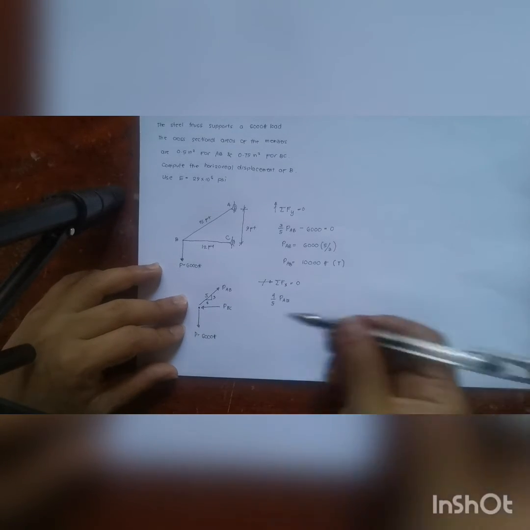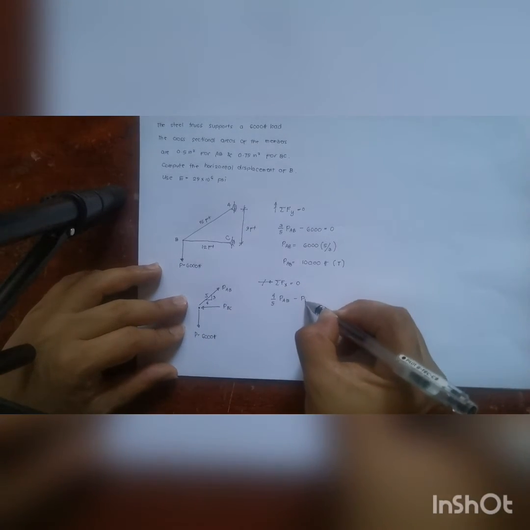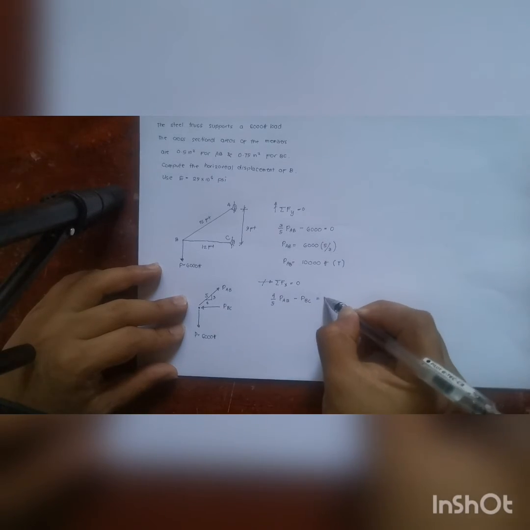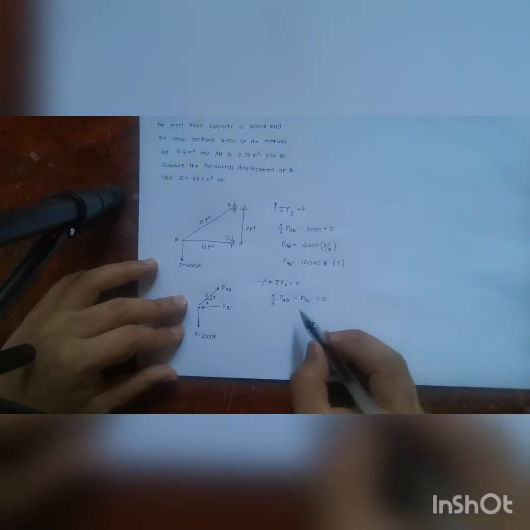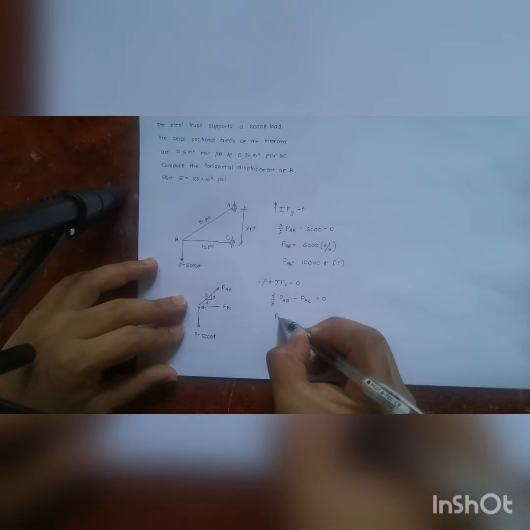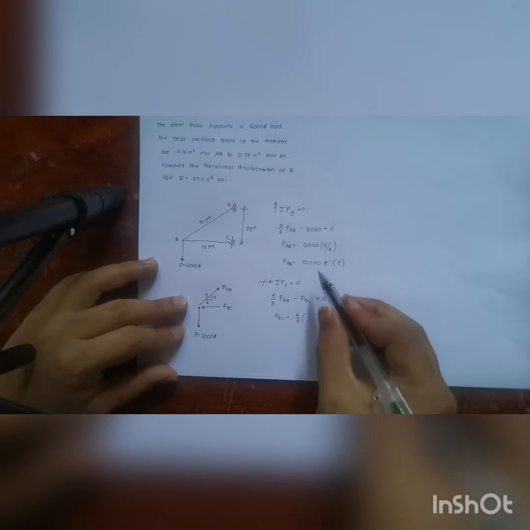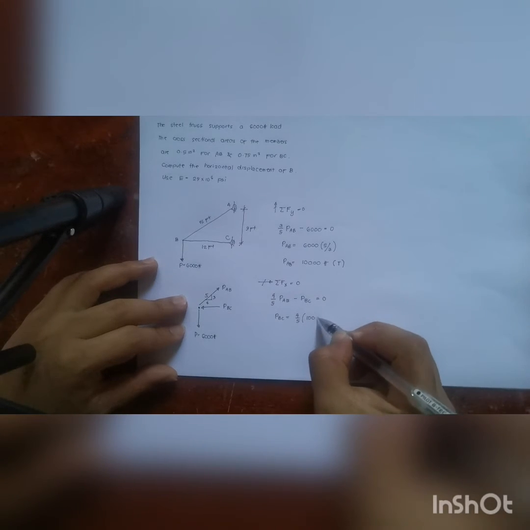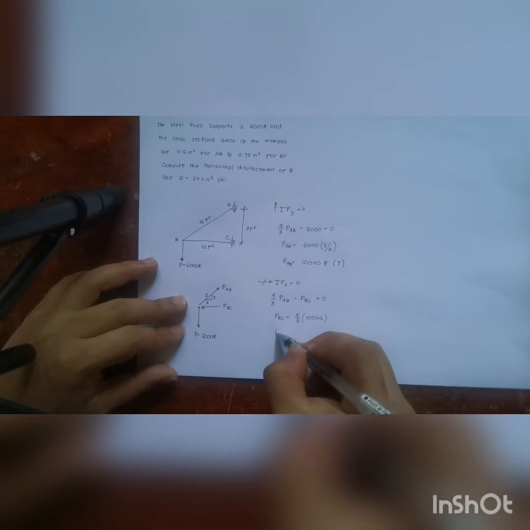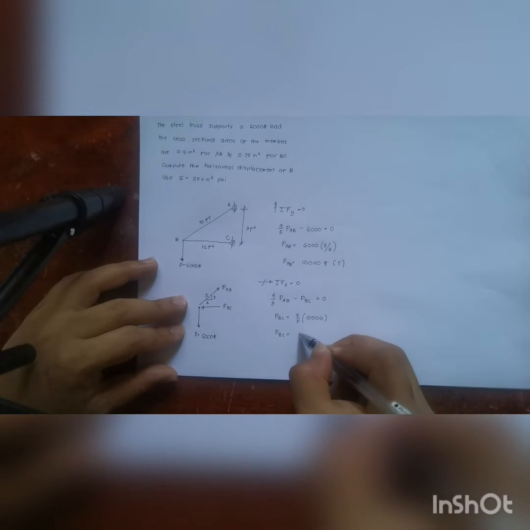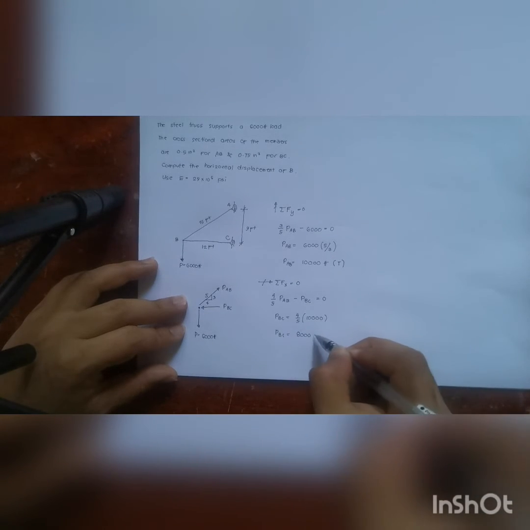And then, we have negative PBC equivalent to 0. So, substitute lang natin or transpose lang natin to, magiging positive 4/5 of PAB. Na-compute nyo na 10,000 pounds. So, PBC is equivalent to 8,000 pounds.